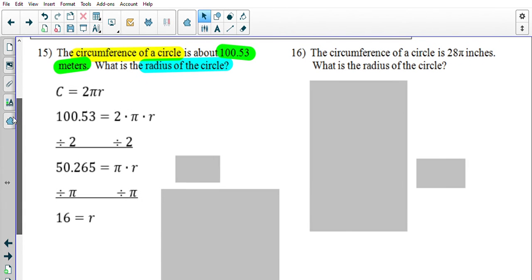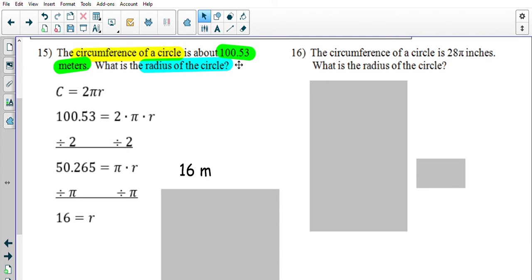And in this case, we're talking about meters. So my radius is just going to be 16 meters. You're going to get an answer pretty darn close to 16. The reason why it's not exactly 16 is because this circumference, the 100.53, originally was rounded. Now, number 16, I complicated things a bit. I wrote the circumference in terms of pi, but we're going to treat it the same.